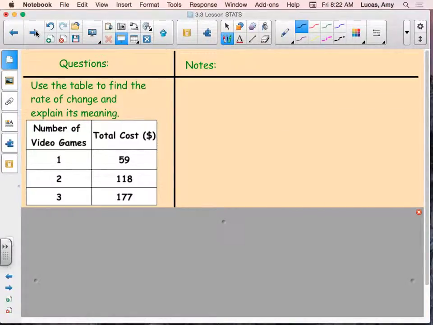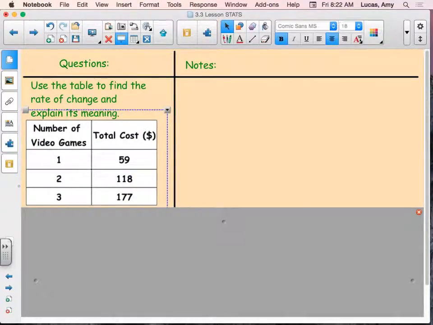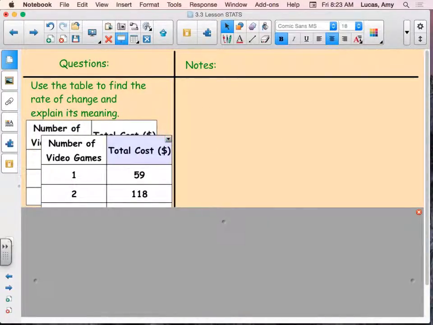Okay, our first table says use the table to find the rate of change and explain its meaning. So in my table, I'm going to clone my table so that I can write on it for you.